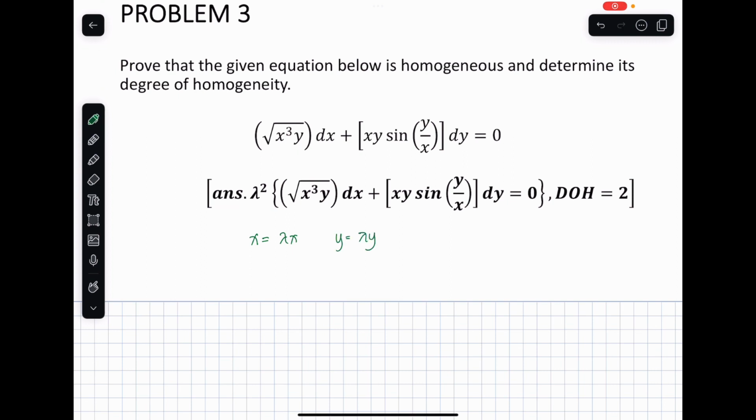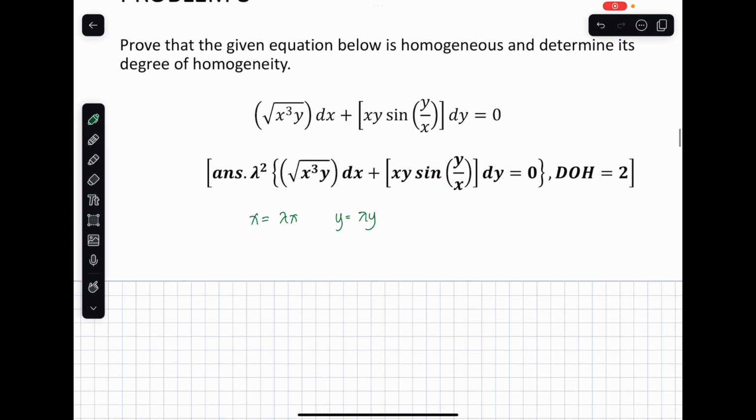If after substitution we can factor out lambda from the entire equation, then that makes it a homogeneous equation. The power of lambda corresponds to the degree of homogeneity.